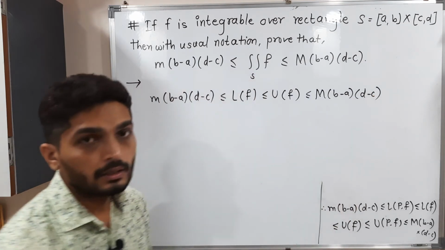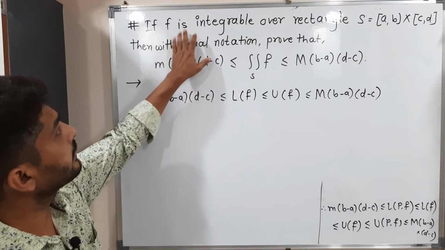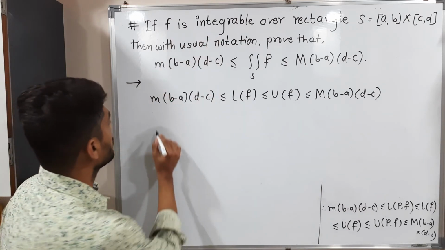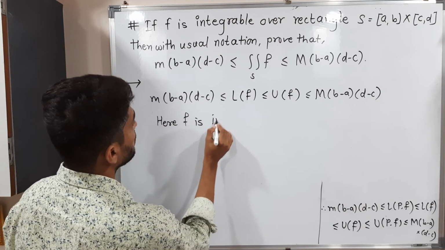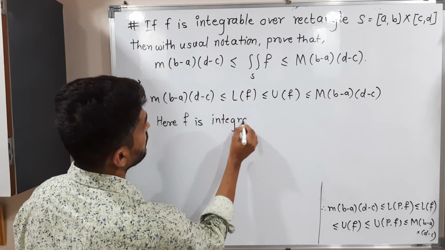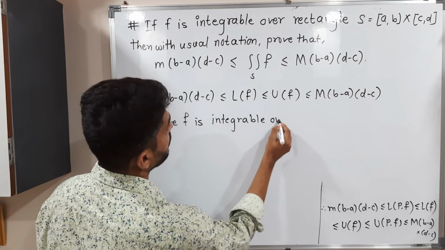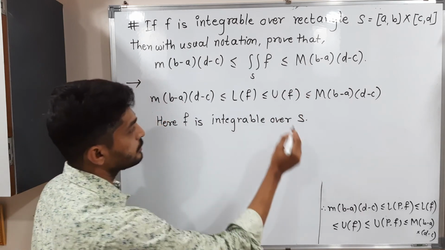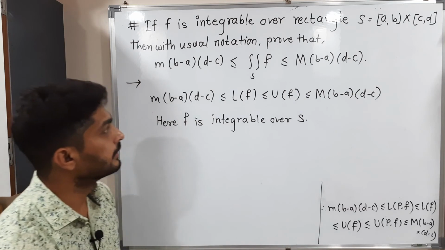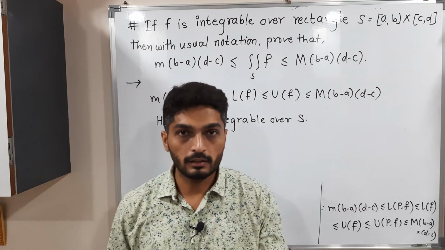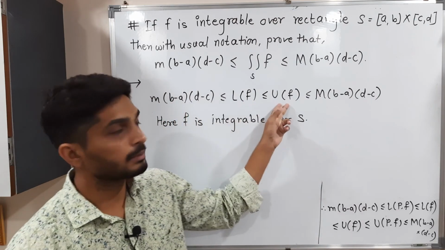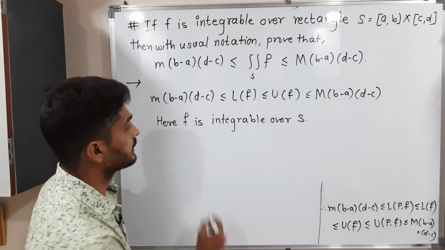But the very important thing is given that f is integrable. Here I will mention f is integrable over S, that rectangle S, or you can write R also, doesn't matter. So if a function is integrable, then the upper integral is the same as the lower integral, equal to the actual integral.